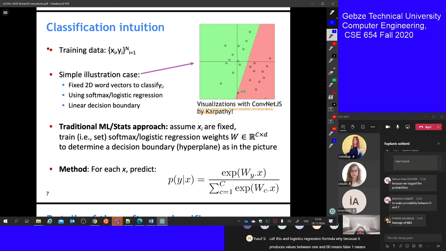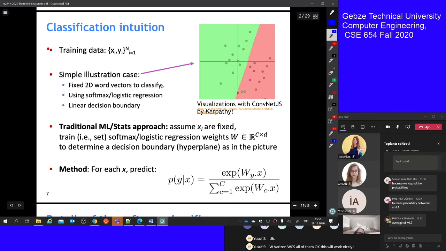Of course, we expect any value between 0 and 1, so it's a regression between true and false. If the value is 0.5, that means my prediction is halfway between true and false. So this is a classical machine learning example. If I have the right WYs and WCs, all of them, this will work nicely.